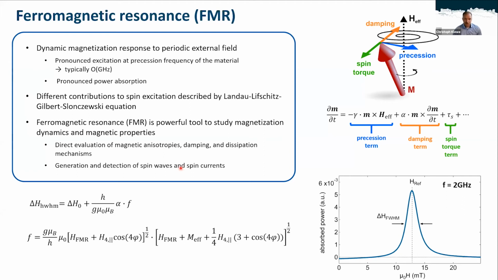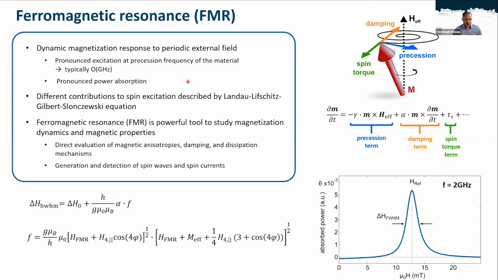Ferromagnetic resonance, or FMR for short, describes the excitation of the magnetization of a material into a precessional motion using a microwave excitation. The response can then be measured in the power absorption of the microwave excitation signal.